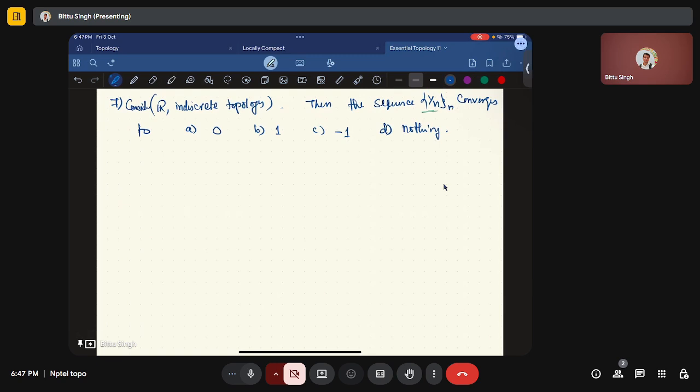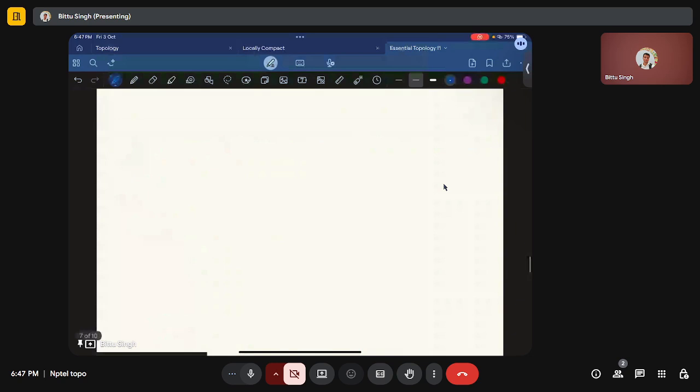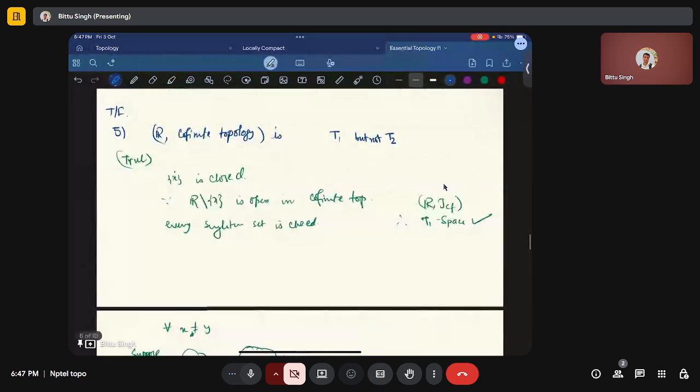But in this case, we are considering the indiscrete topology, right? Just a small comment: instead of cofinite topology, the same argument can be applied for co-countable topology.